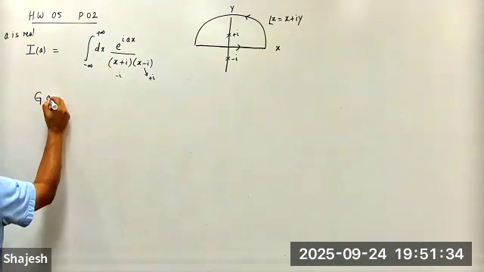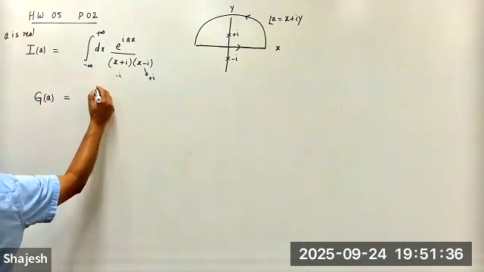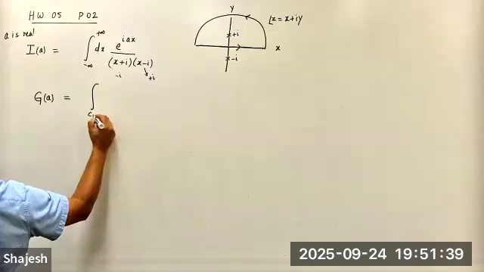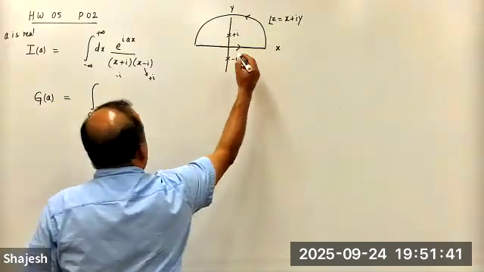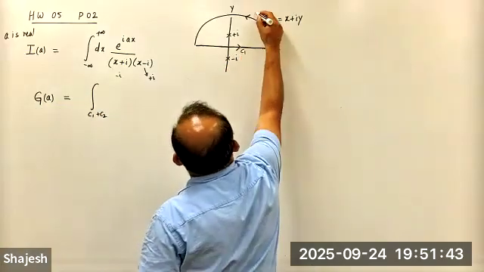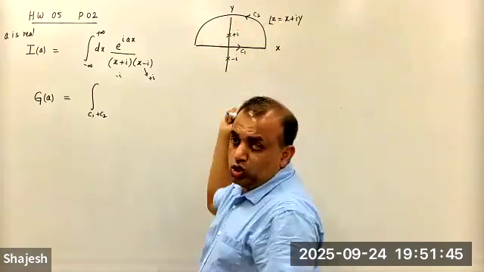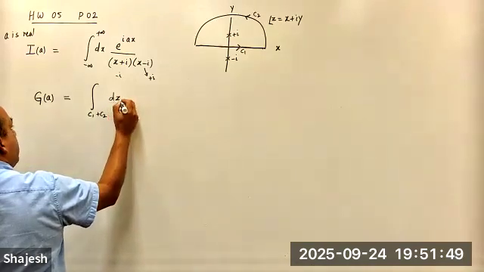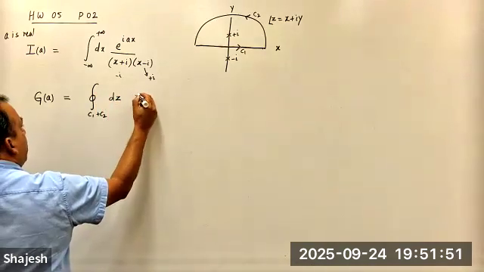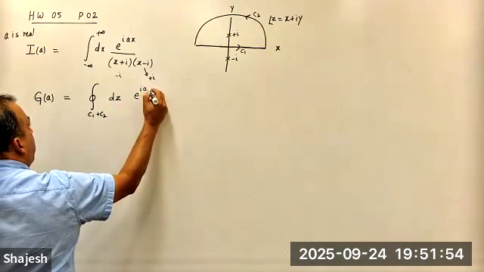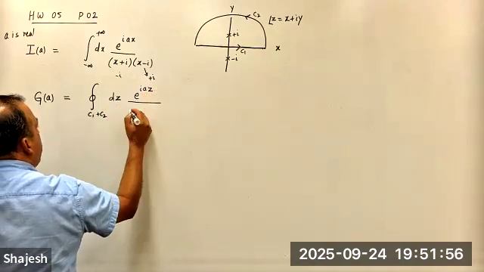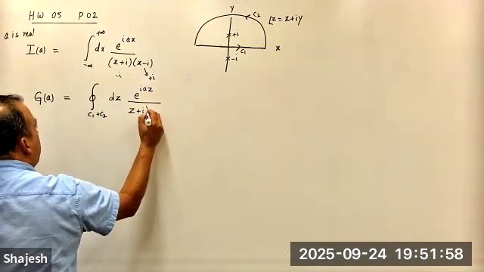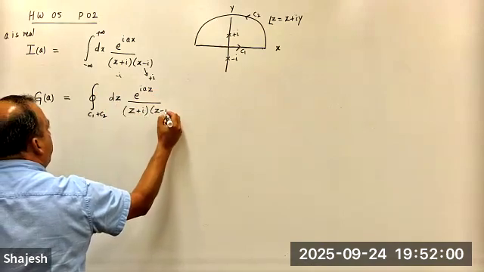This is a new function, which I say is the integral over C1 plus C2, where C1 is this part and C2 is this part, and that's a closed integral. This time going through dz because it's a complex integral, of e to the iaz divided by z plus i and z minus i.